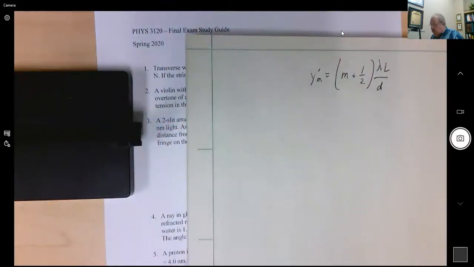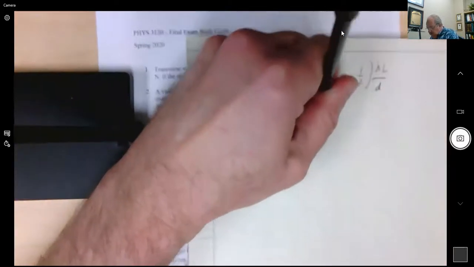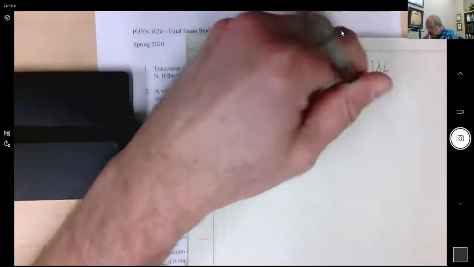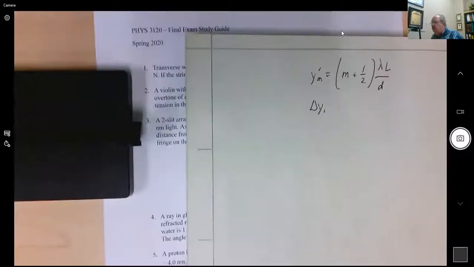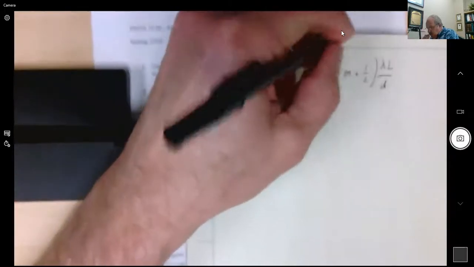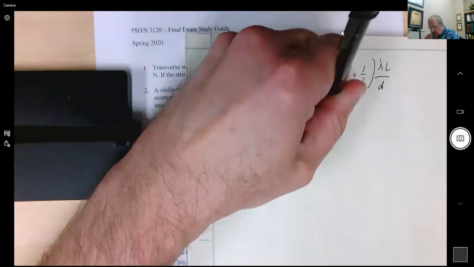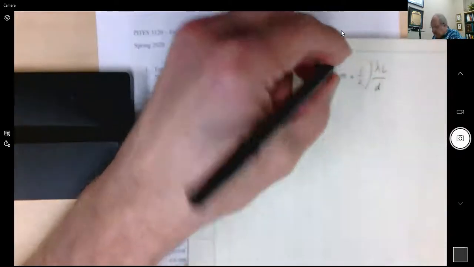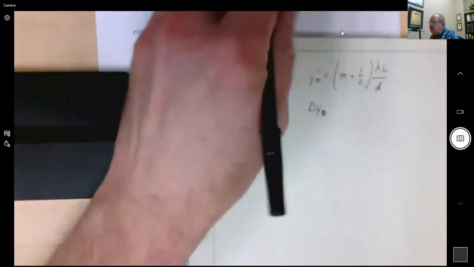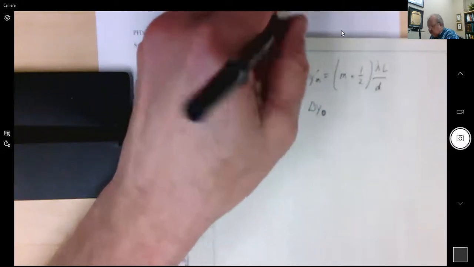If I want to find delta Y1, that's just the distance from the central maximum to the first dark fringe. Actually that would be delta Y0, because I would be starting at 0 and looking at just half of the distance from the central maximum.